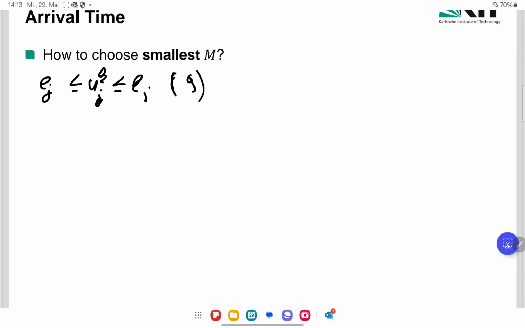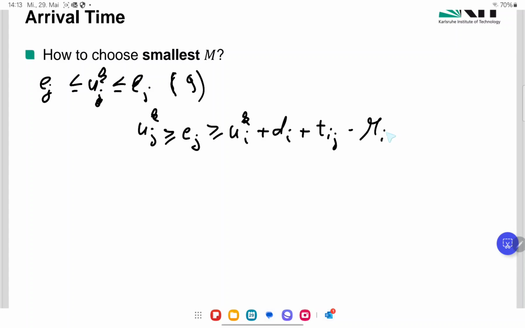Okay, so M should be chosen in such a way that it still ensures that we do not interfere with this time window. Okay, so which means we know that our u_j should be at least e_j, and of course this should be at least the right hand side we had before, plus d, the service duration, plus the traveling time, minus this big M_ij.